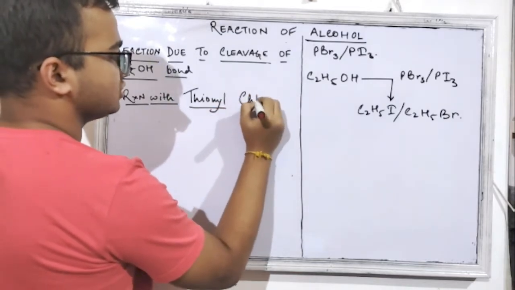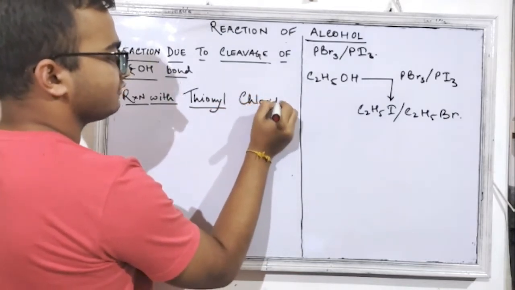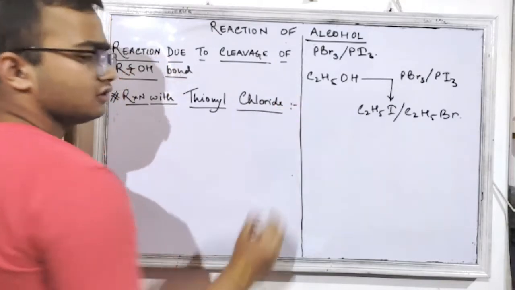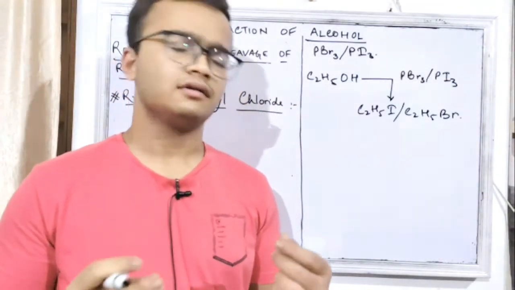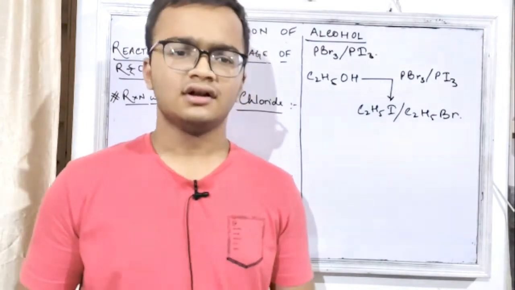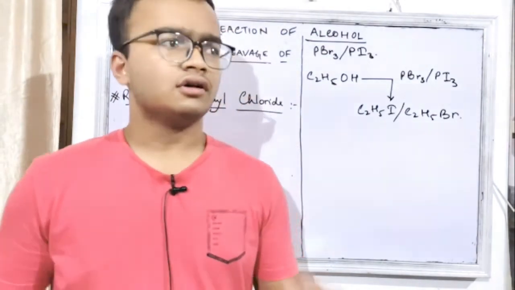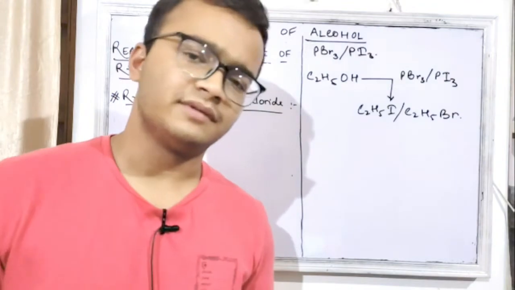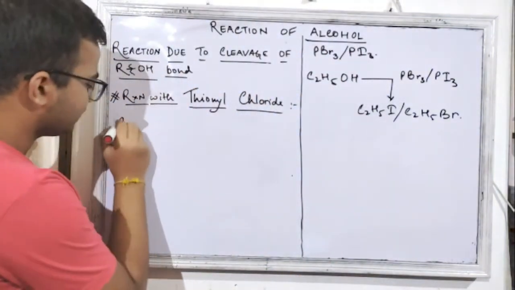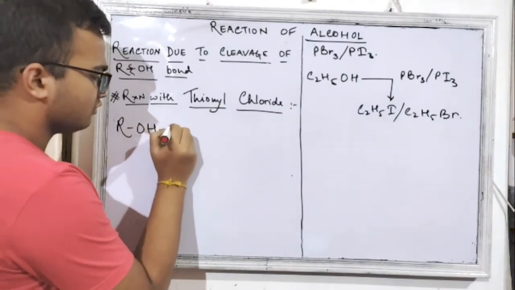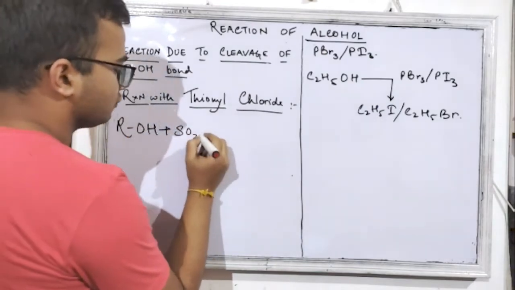Now, this reaction we are already familiar with. This is the reaction we have already studied in the haloalkane chapter. It is Darzens' process, or you can call it the best method for the preparation of any alkyl halide. So, we take any alcohol which is ROH, we treat it with SOCl2.